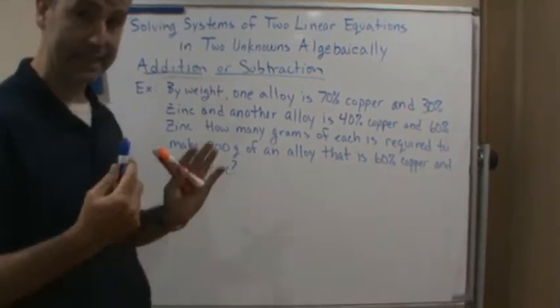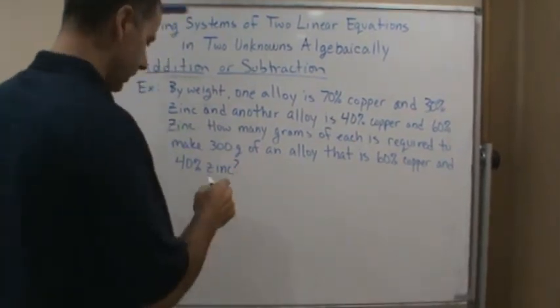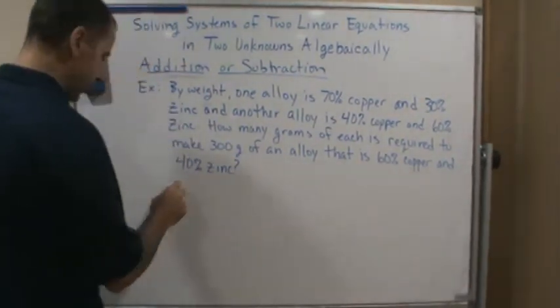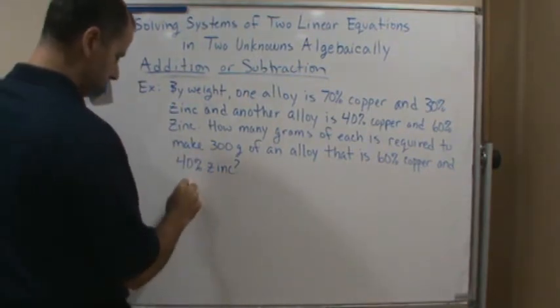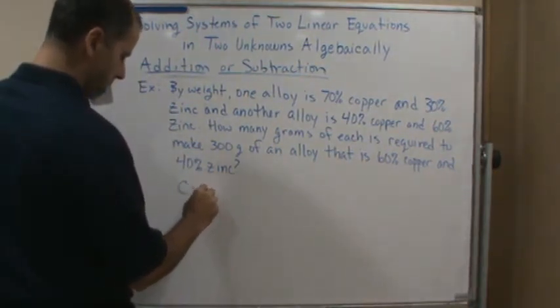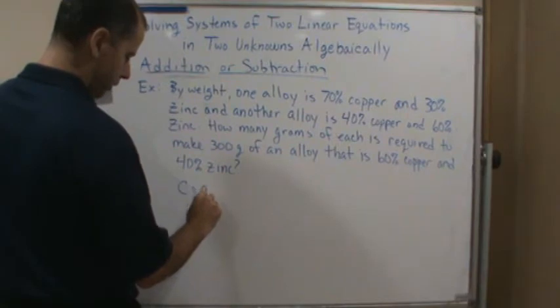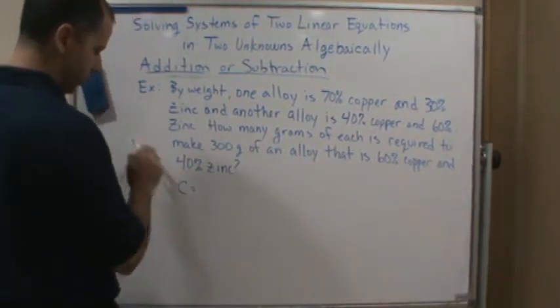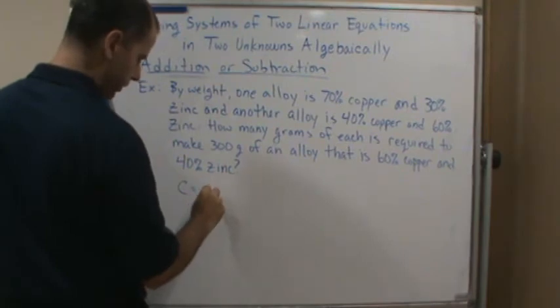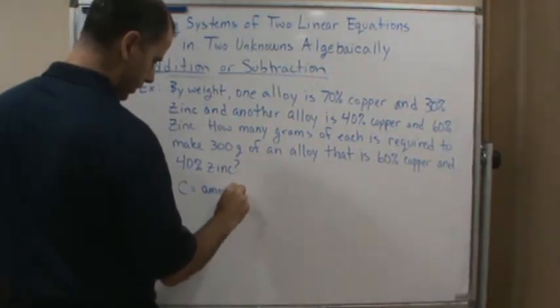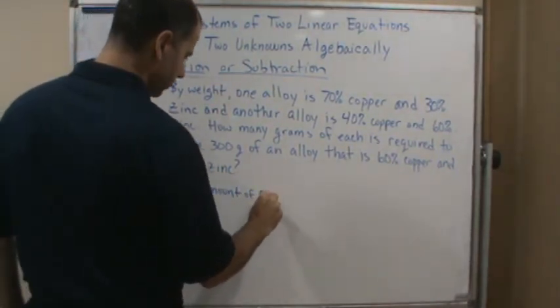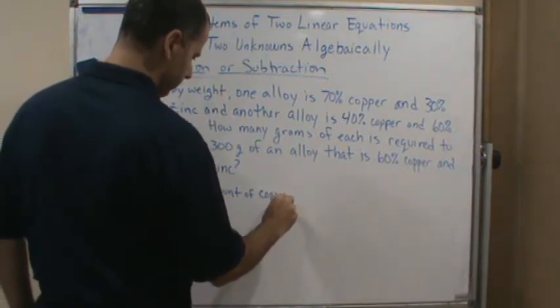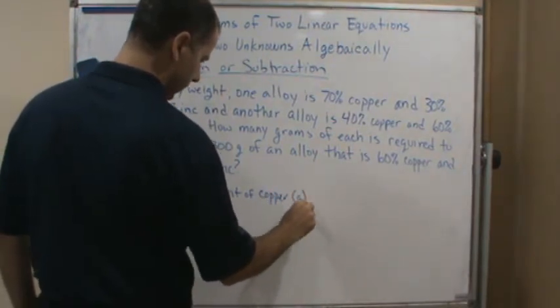Let's define C. Let C be the quantity of copper, the amount of copper in grams.